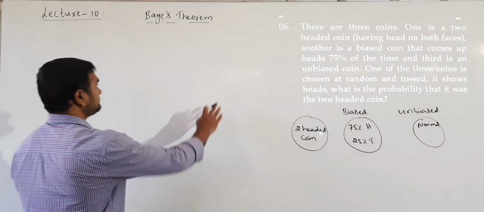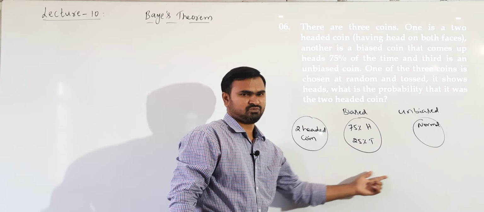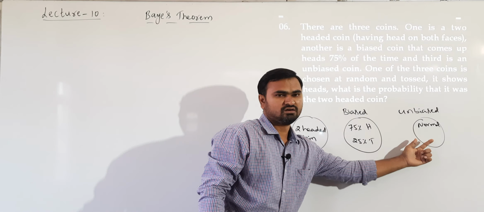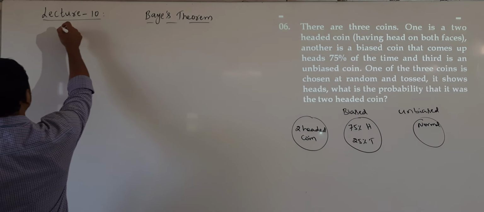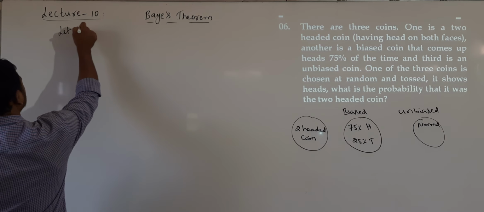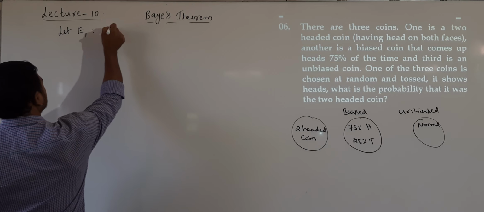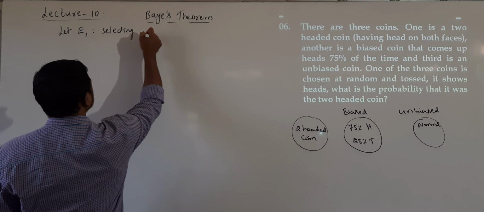Okay, so let us take the events first, that is the selection of coins. We may select this first coin, or this second coin, or this third coin. So there are three cases. Let E1 be the event of selecting a two-headed coin.